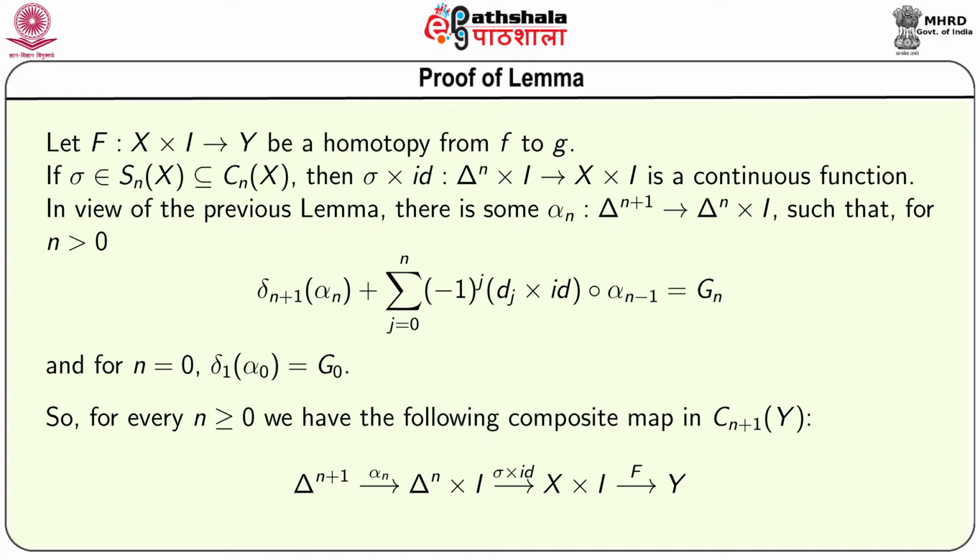So, for every n greater than equal to 0, we have the following composite map in Cn plus 1y. The map is capital F composed sigma times identity composed alpha n.